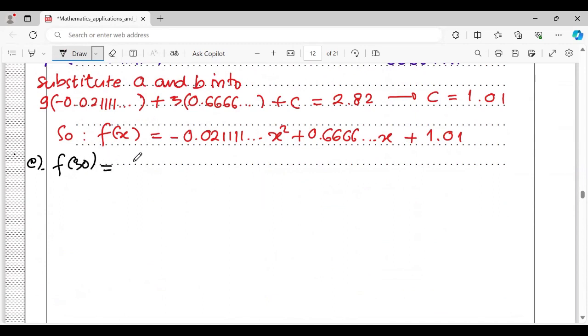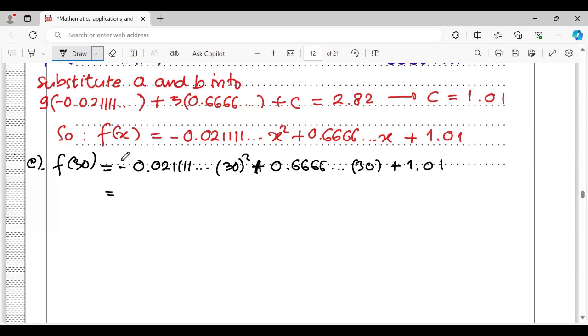It becomes minus 0.021111, so on, or minus 19 over 900, times 30 squared, plus 0.6666 times 30 plus 1.01.